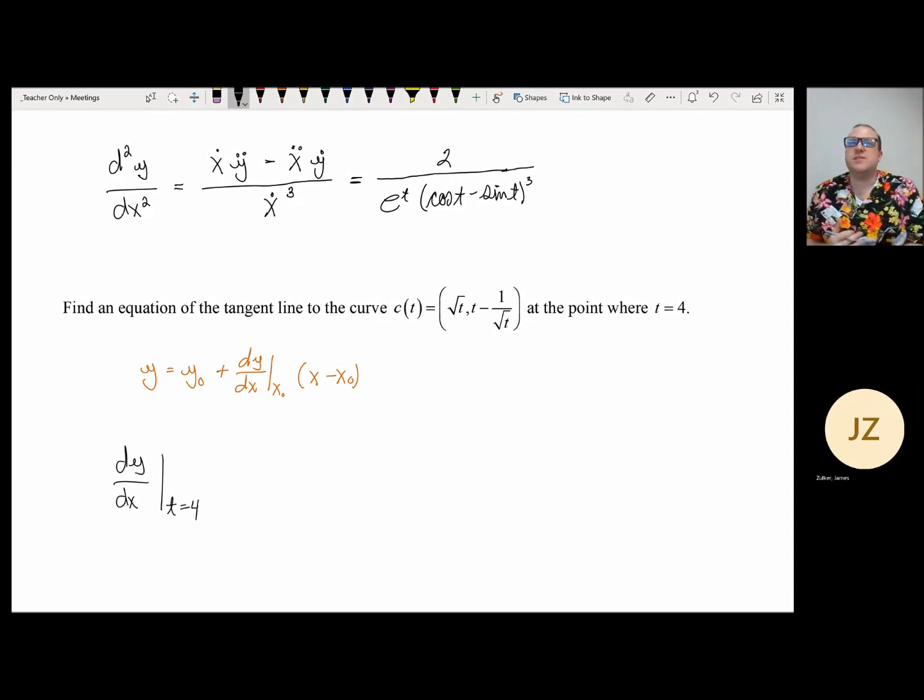That's going to be dy dx when t is 4, which is y dot of 4 over x dot of 4.